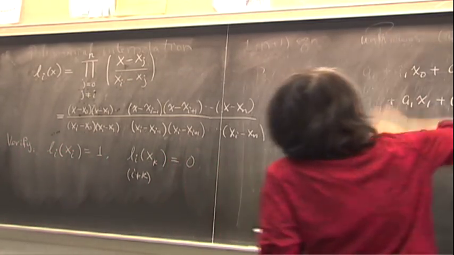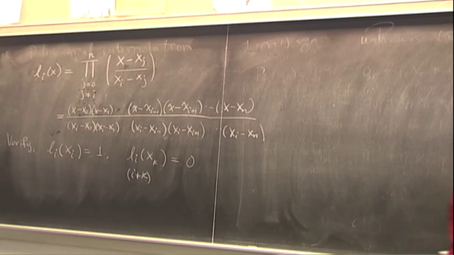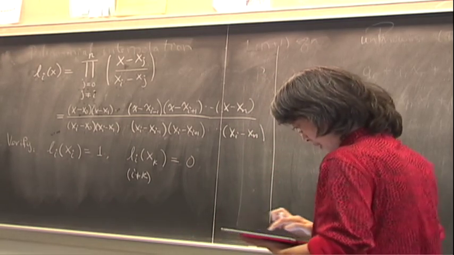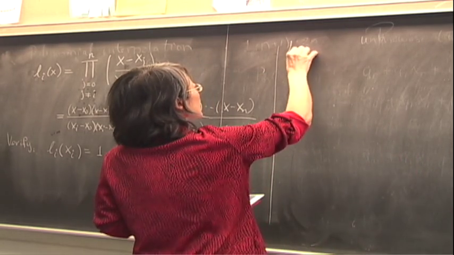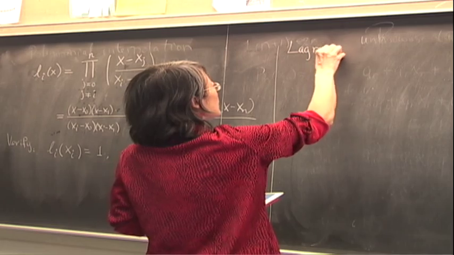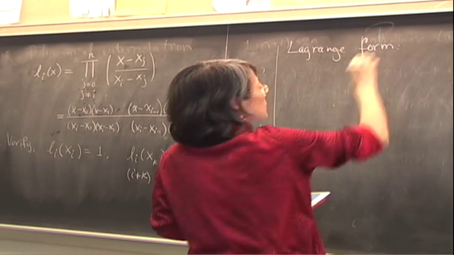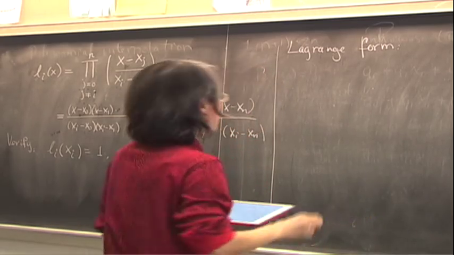So why do we bother making these cardinal functions? Well, that's actually the hard work. Once you have them, you have the polynomials. Let's write out the Lagrange form of the interpolation polynomial. It's the following.